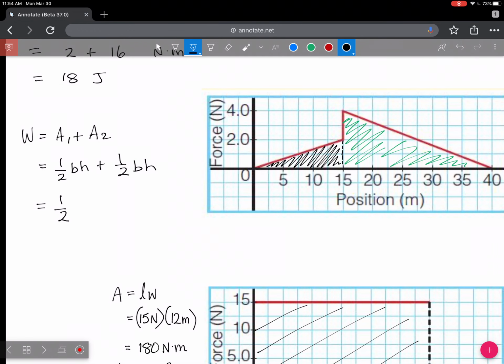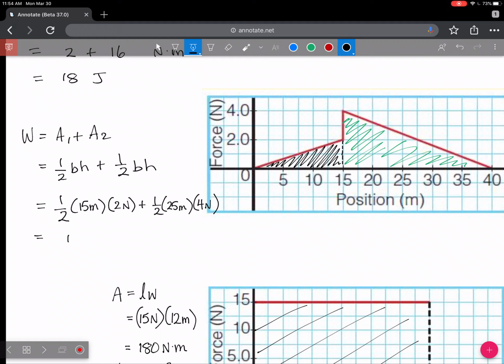The first base is 15 meters and the first height is 2 newtons. And for the second base, we have to go from 15 to 40, so that's going to be 25. The height of that triangle is 4 newtons.